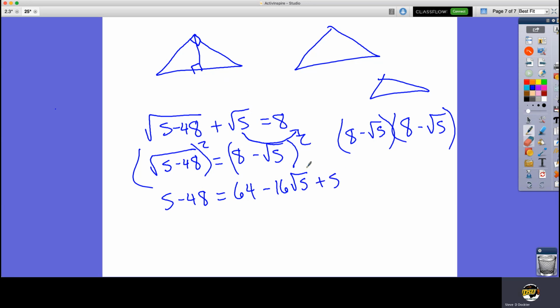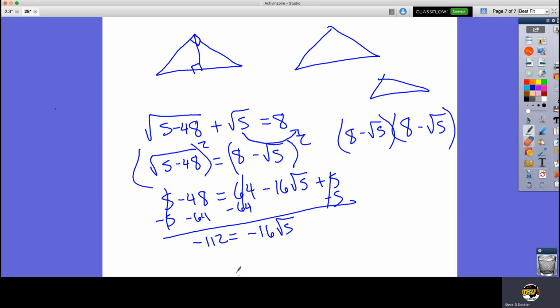Okay, now we're down to just one square root here. From here we've got to get this square root of s by itself. So we subtract the s's and subtract the 64. The s's go away here. This ends up being negative 112 equals negative 16 square root of s.